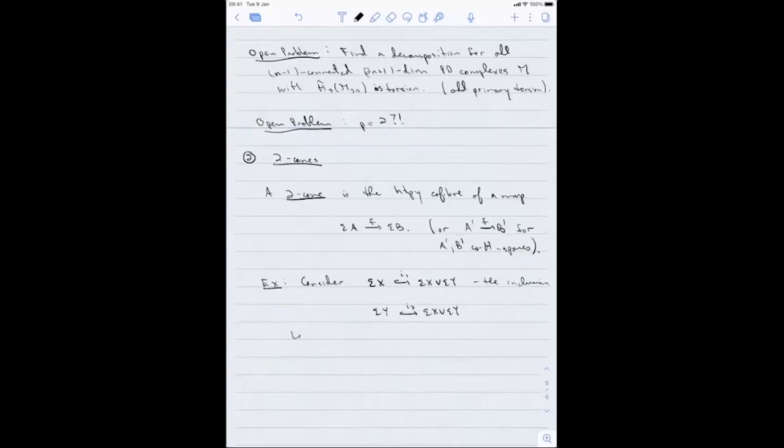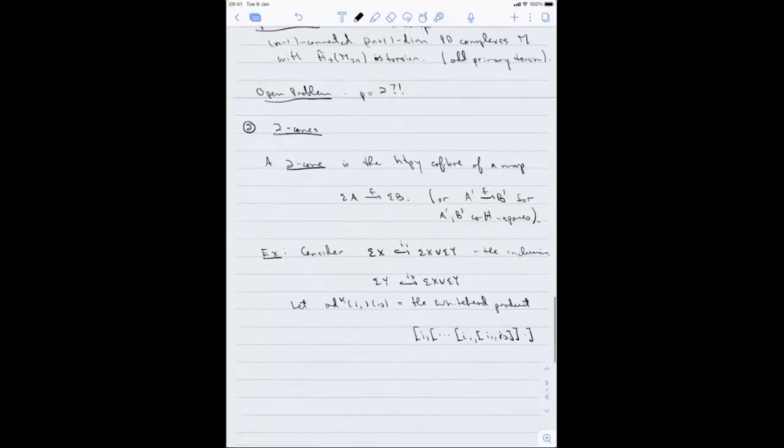And let ad^k(I1, I2) be the Whitehead product where we take the bracket of I1 and I2 and then repeatedly bracket it with I1. So there are k copies of I1 here.